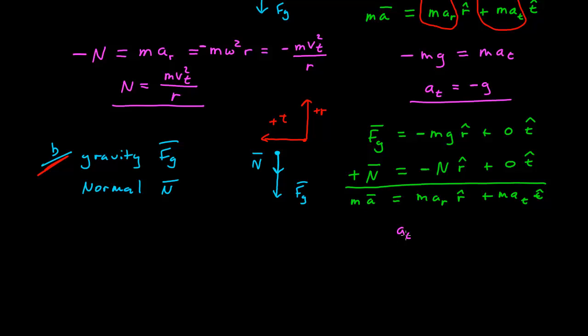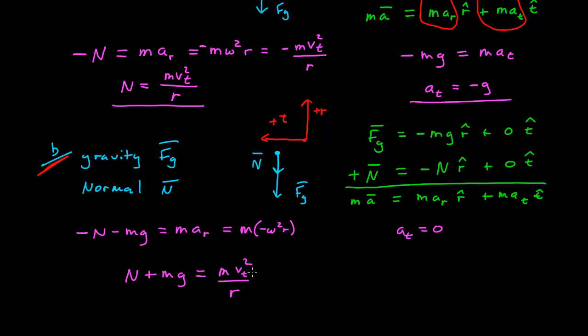Well, we've learned that the tangential acceleration is equal to 0 at point B. And also that negative n minus mg is equal to mass times the radial acceleration, or the centripetal acceleration, which of course is equal to m negative omega squared r, or n plus mg, the force due to gravity, is equal to m times tangential velocity squared over r. Maybe you want omega or the velocity, it depends on the problem.